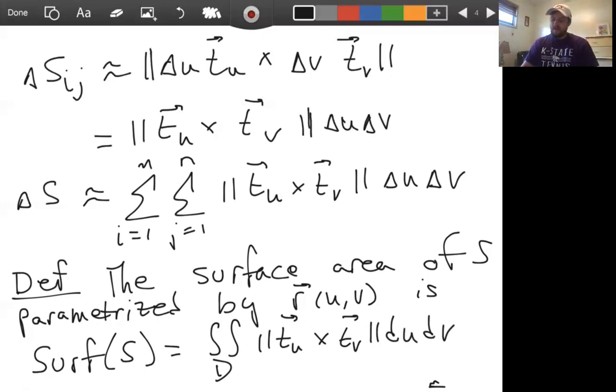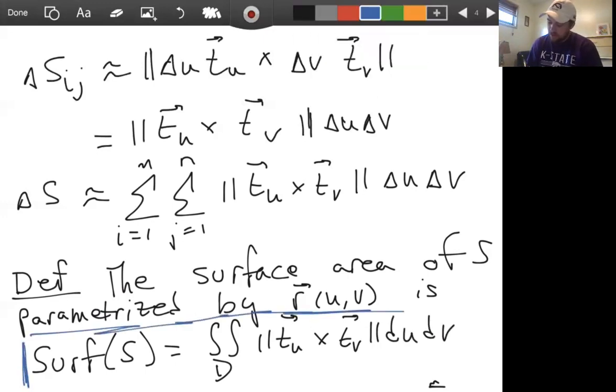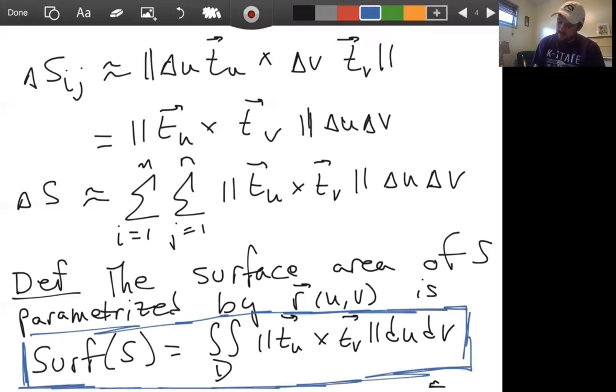This gives us a well-defined formula for calculating surface area just by understanding how we parameterize this surface.